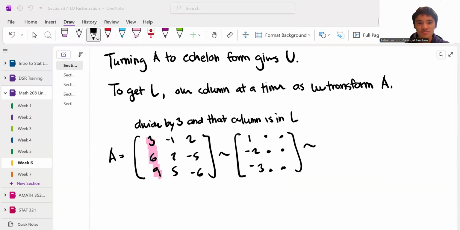That means we don't know yet. And then we perform row operations as usual. So this thing is going to be L.